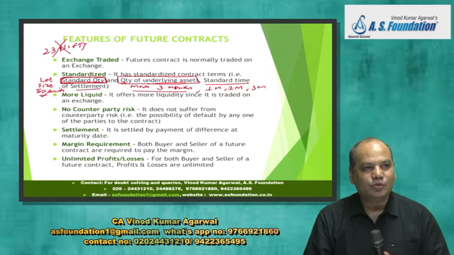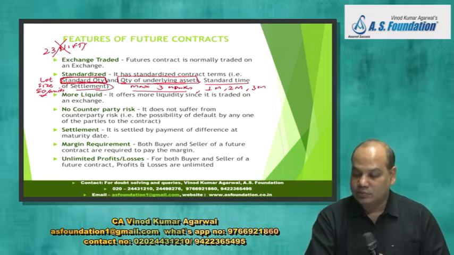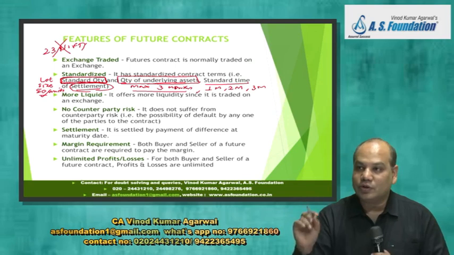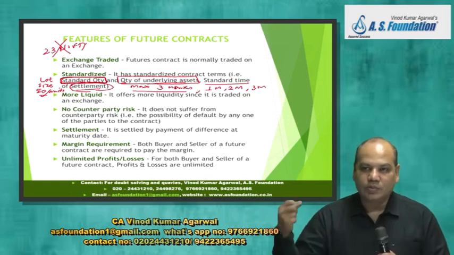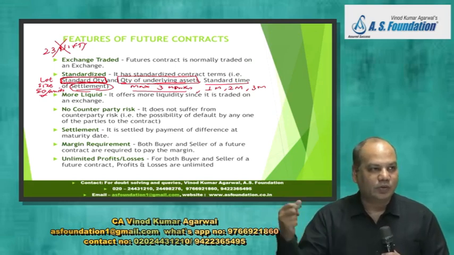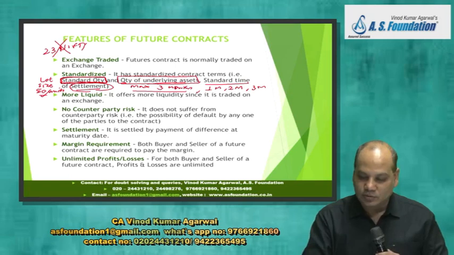You can't say I want to enter into a future contract which will expire after 5 years. That is not available. Then contracts are settled on the last Thursday of the month. You can't say my birthday is 25th January, I want 25th January contract. Okay, not available.